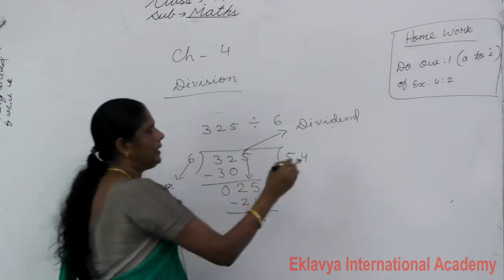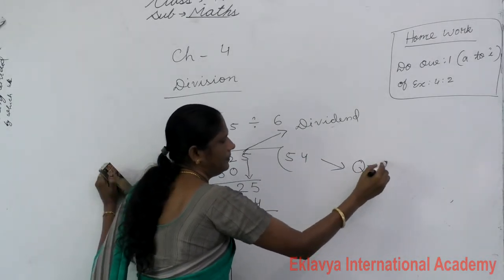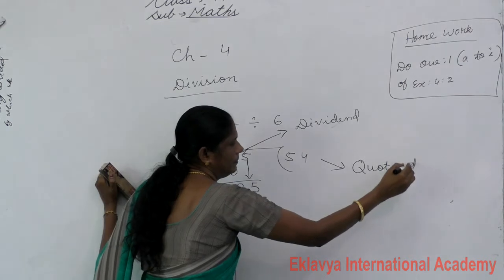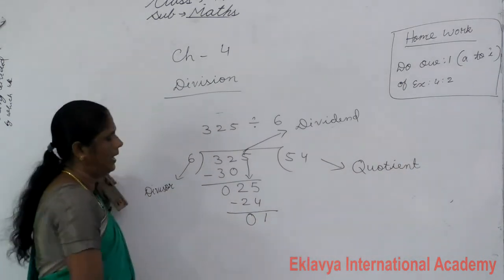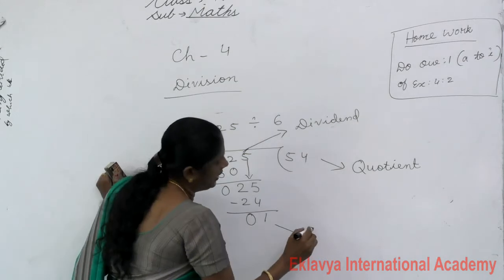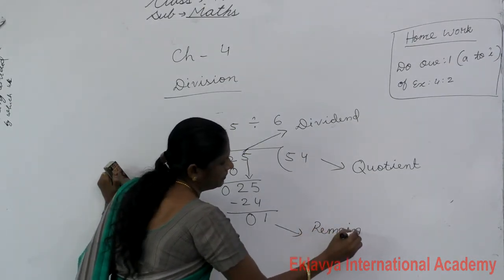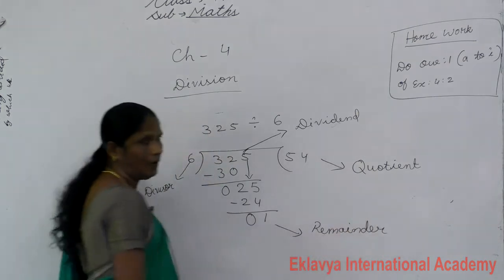Then the result is called the quotient. Then the remaining, the left number, is called the remainder.